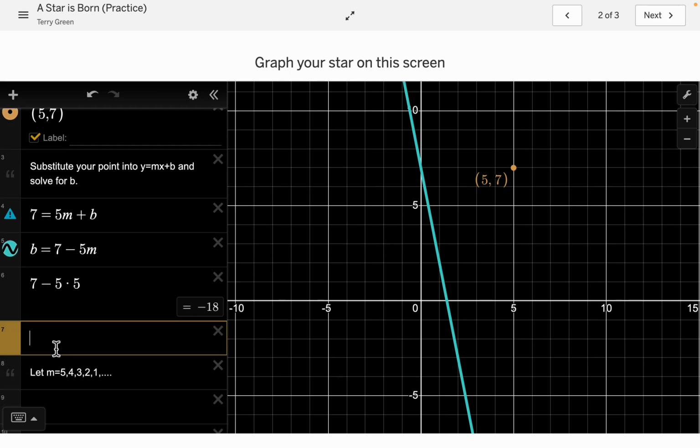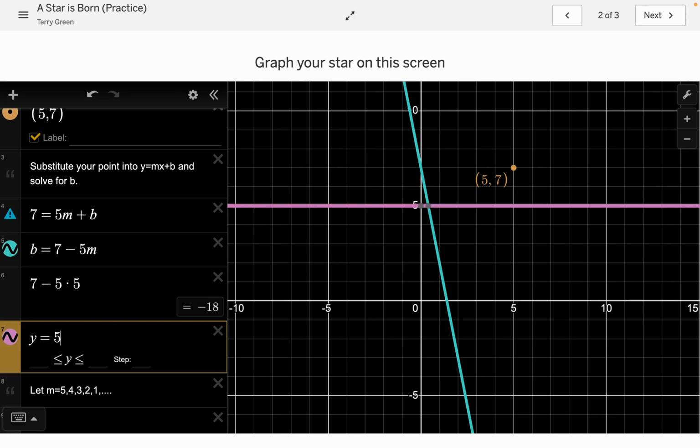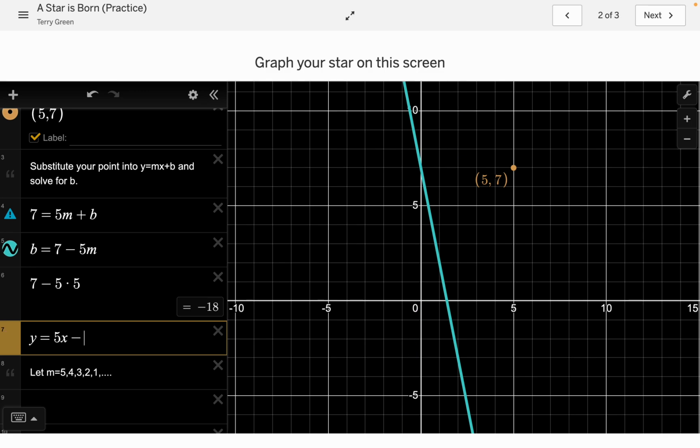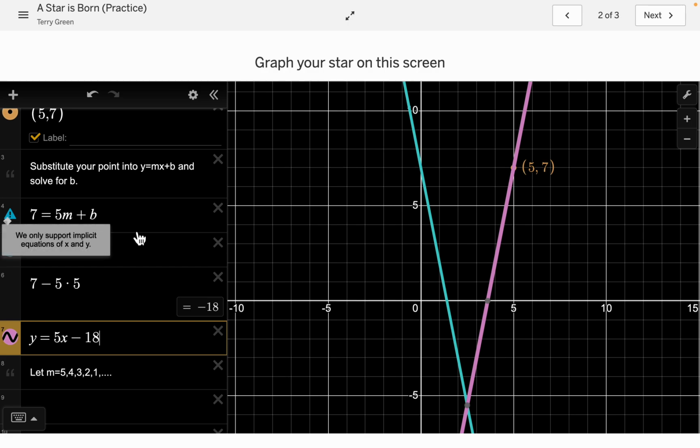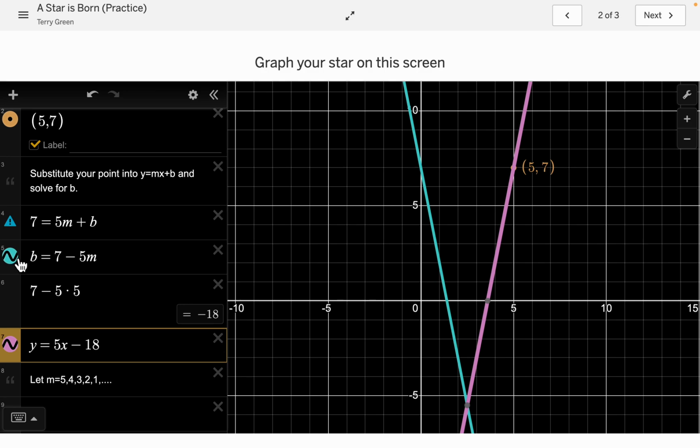So my first line that I'm going to graph is going to be y equals 5x minus 18. You'll know you're doing it right because it goes through the point 5, 7. Okay? I don't need that right there.